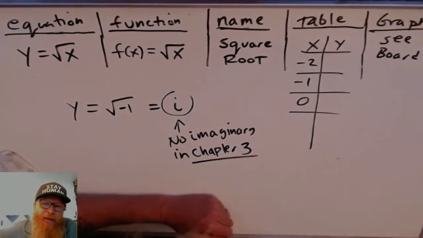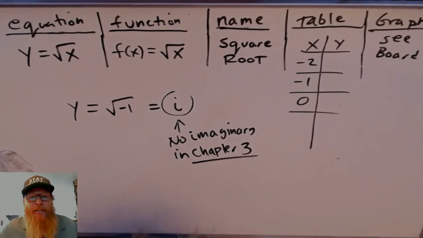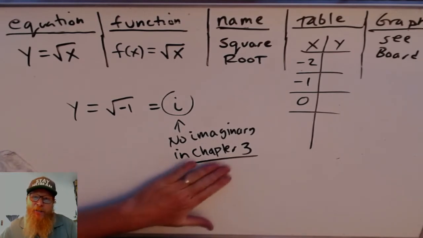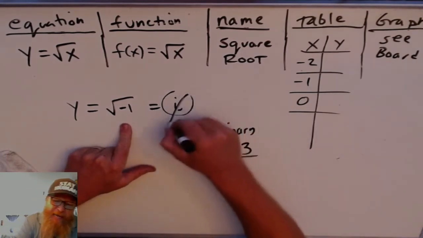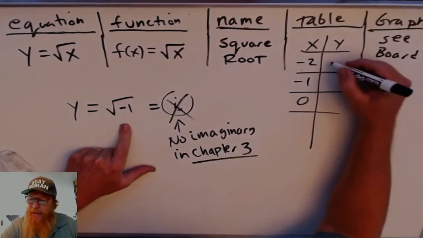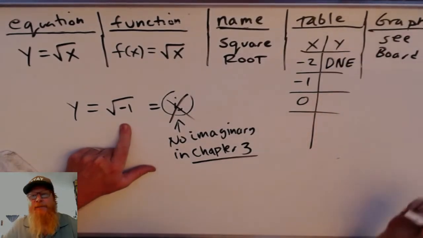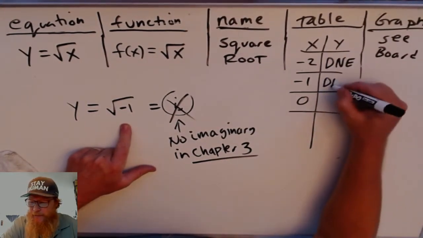I really don't. I've been asking this question for years. Why do we teach imaginary numbers and then immediately take them away from you and say you can't use them? They'll come back in chapter 5, but they're not coming back for a while. So in chapter 3, anytime you get an imaginary number, pretend like you never took chapter 2 and just put DNE. Does not exist.